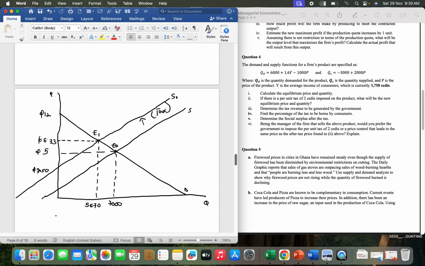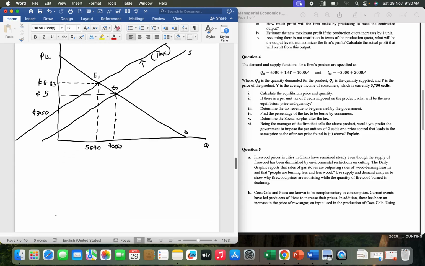So now, in finding the consumer surplus, you know consumer surplus is half times base times height. So the consumer surplus here becomes half. Remember that it's what?